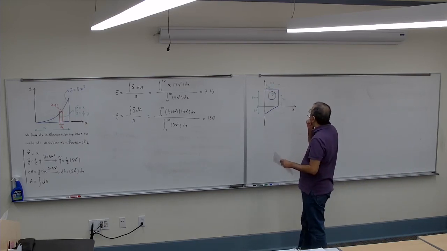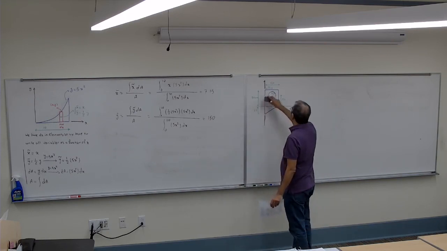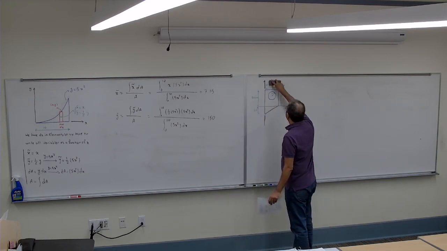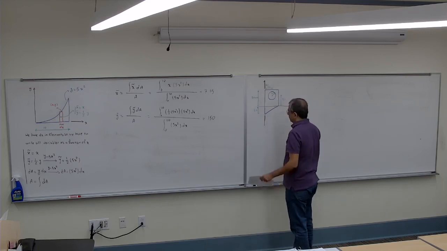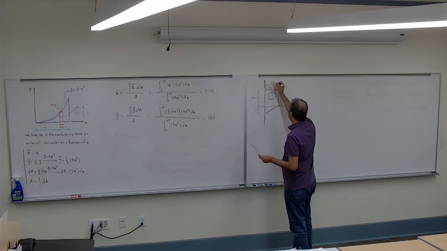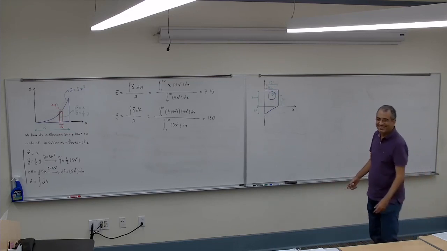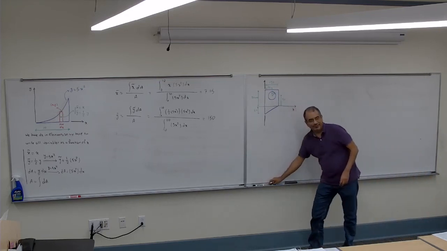Let's make it a little bit proportional. So if it's 80, let's say it's 80 and 60. So it's not very well scaled, but I assume these are the dimensions.